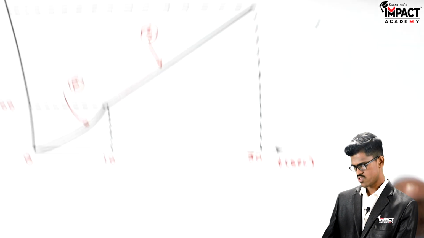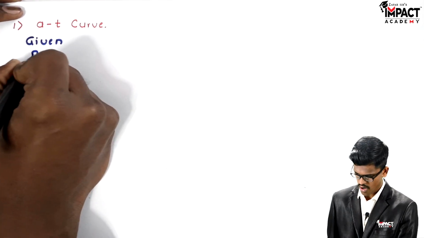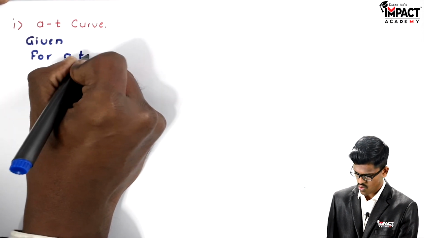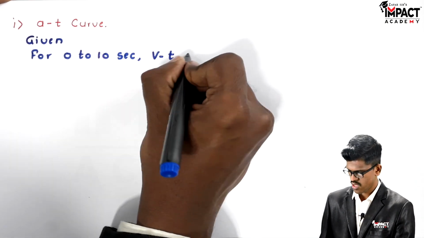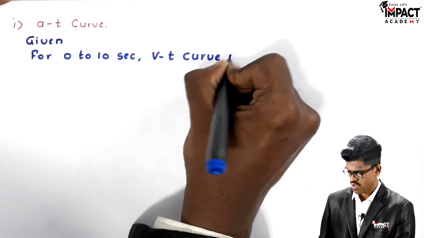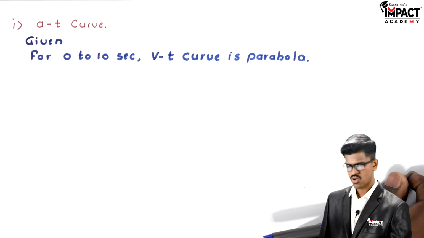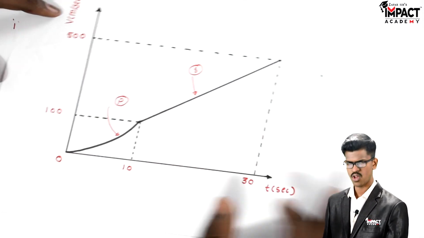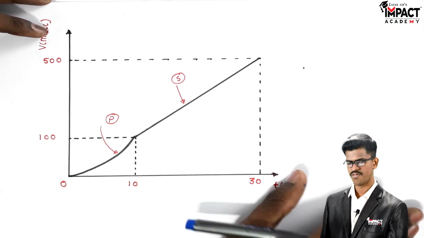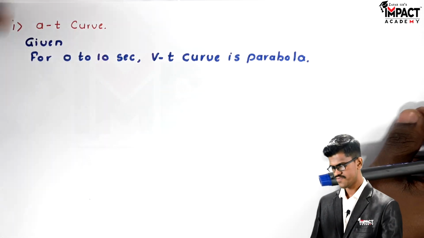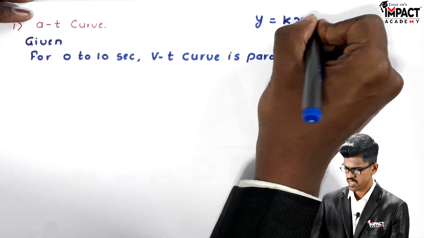In the question, they mention that for 0 to 10 seconds, the VT curve is a parabola. It is a parabola passing through the origin, an upward parabola. We know the general equation of this parabola: y is equal to kx square.